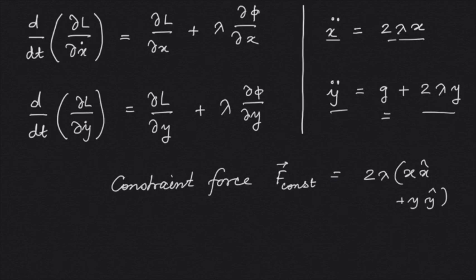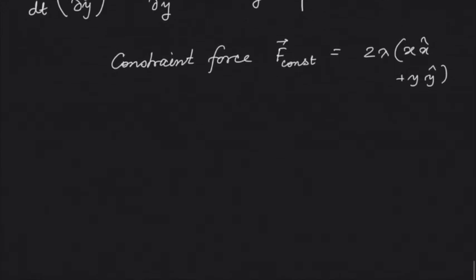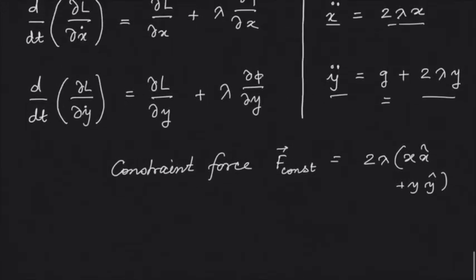Okay. Now I have to figure out what λ is. You can do it with the usual method that we have discussed earlier, from one of these equations. But let me do it in a slightly different way here. I have these two equations, and I multiply this one by x and this one by y.